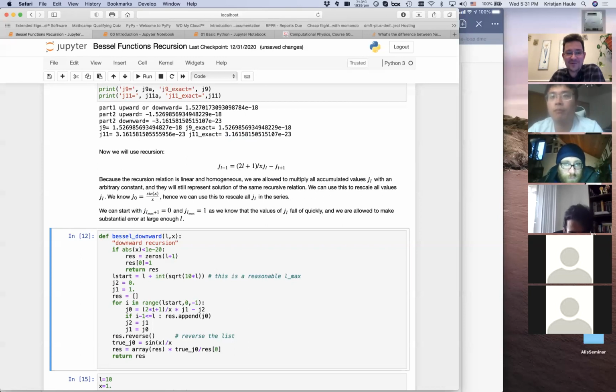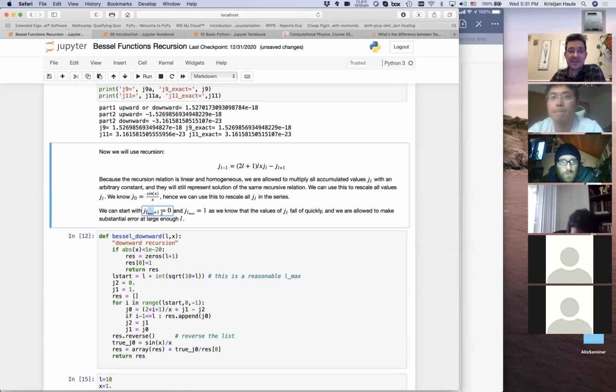So once more, it's very, very simple. We have the information that Bessel functions for small x, for which this is valid, fall off with large L. So for some large enough value L max, we can definitely set J(L max plus 1) to be 0, because the values fall off, without loss of accuracy.